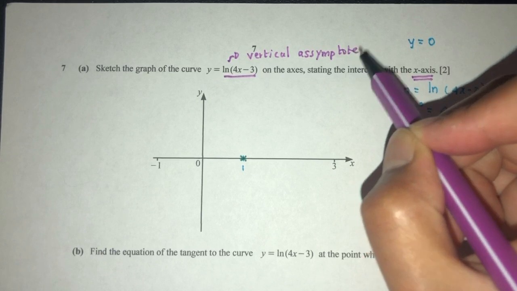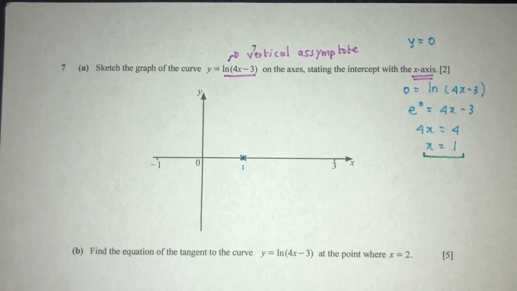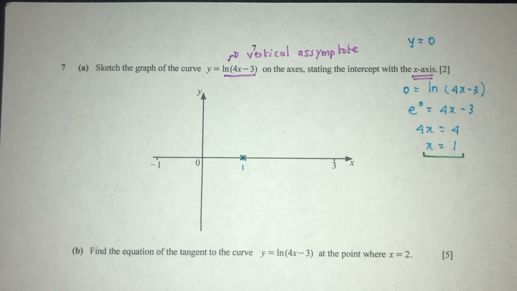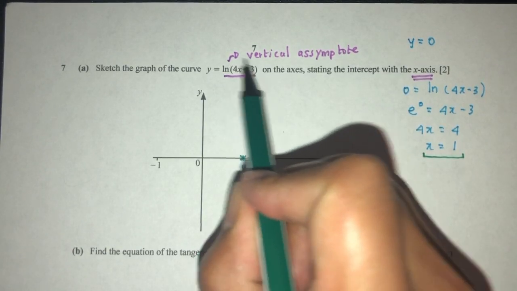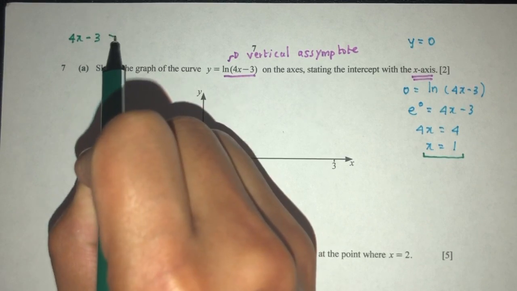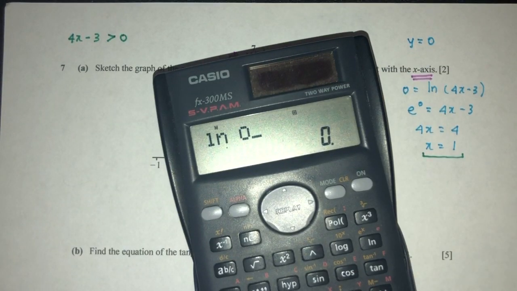Now this means that we have a vertical line where the curve will never touch. That's what it means. So what is the equation of that line? Pretty easy. We do understand that log, for example ln, can never take a negative value. That's the main idea behind those curves. So the value inside, 4x minus 3, always has to be more than 0, because ln of 0 is not okay either.